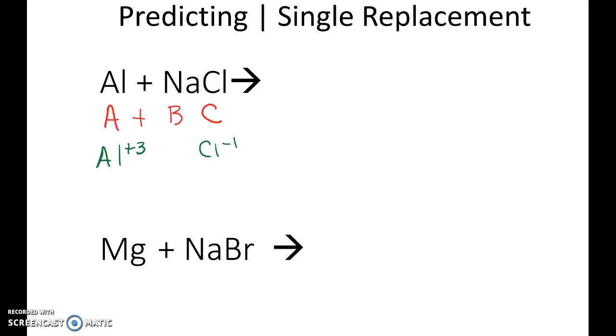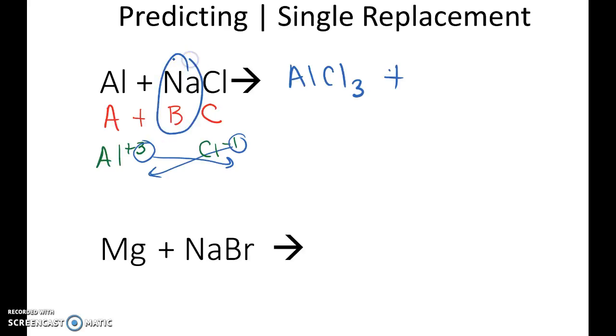So take those 2 charges, the 3 and the 1, crisscross them. So we make a new compound, AlCl3. And then our last step says that element B, which is sodium here, will end up being all by itself. So we have plus Na.